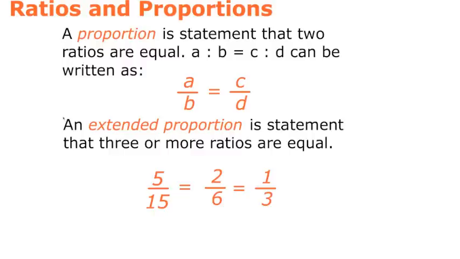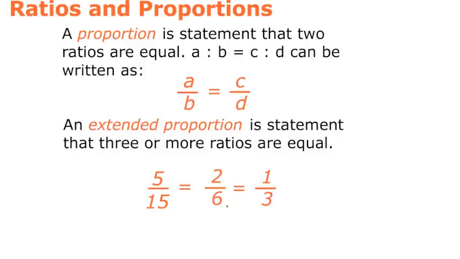An extended proportion is a statement that three or more ratios are equal. Here we have an extended proportion numerically. We know that 5/15 is equal to 2/6 is equal to 1/3 because 5/15 and 2/6 both reduce to 1/3. So here we have an example of an extended proportion.